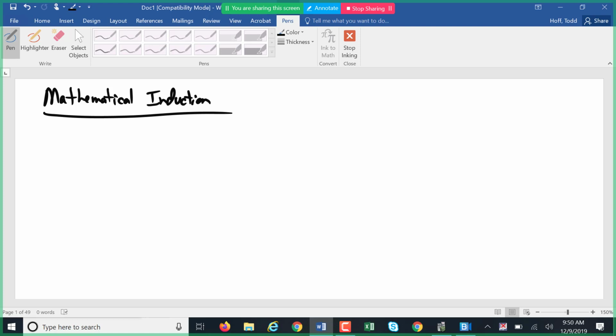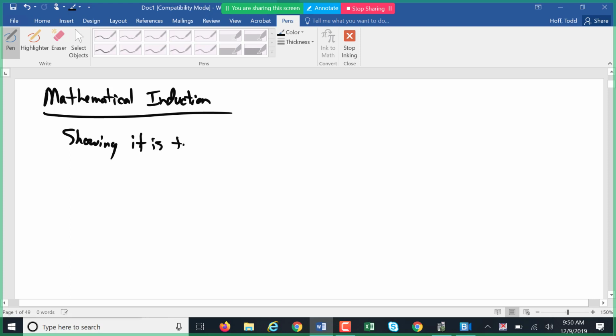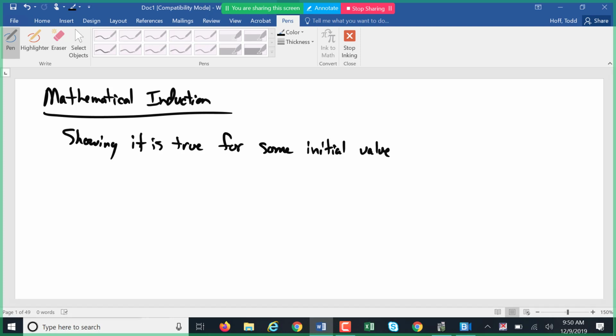And in mathematical induction, what is happening is you are assuming or showing it is true for some starting point, some initial point, initial value. So like for some of our formulas for sums of series, we might show that it's true for n equals 1, and then we go from there.